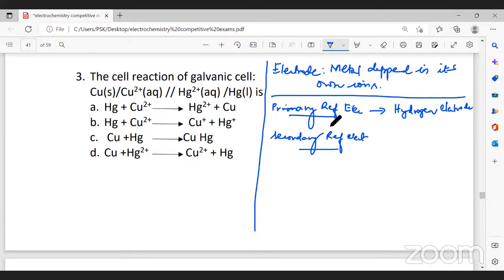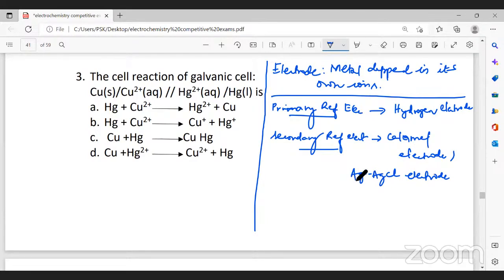In modern days, we do not use the hydrogen electrode because of its demerits. We will learn about the demerits later. For secondary reference electrodes, you should remember the calomel electrode and silver chloride electrode. All these are examples for secondary electrodes.